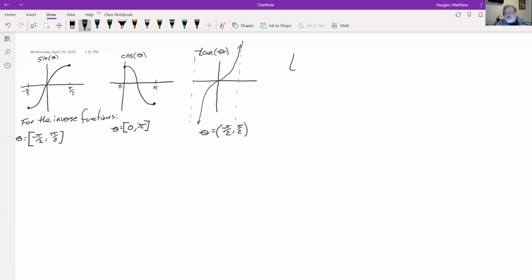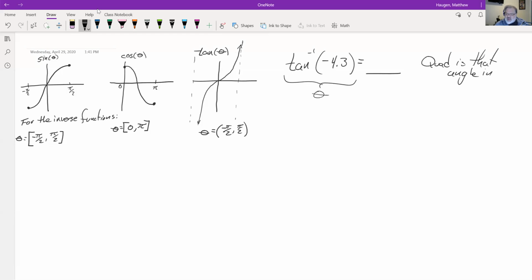So, for example, if we want to know the tan inverse of, I don't know, let's say negative 4.3, what quadrant is that angle going to be in? Because remember, the inverse function outputs an angle. So this is an angle.